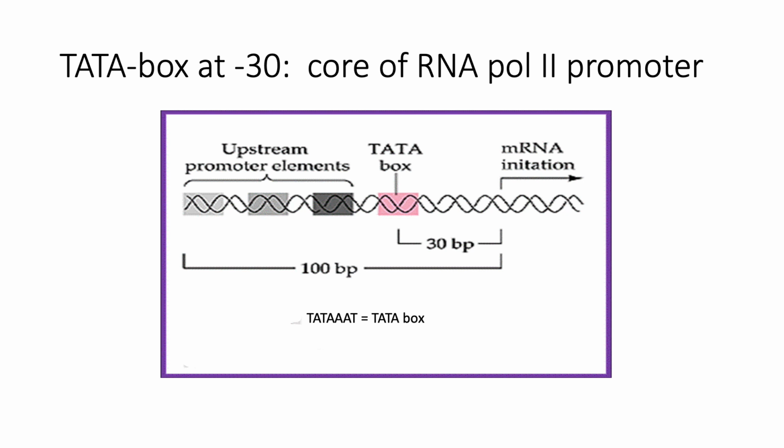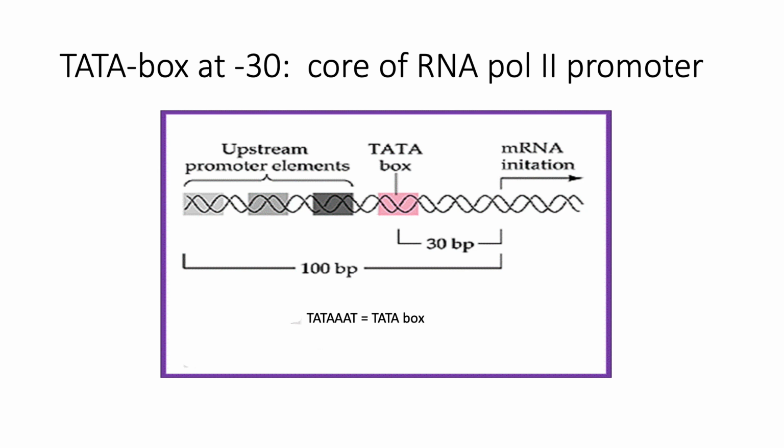So here's a diagram of what we call the core promoter. On the right-hand side, you have the messenger RNA initiation site with that arrow. That arrow should say +1. That's the first nucleotide that would be synthesized.